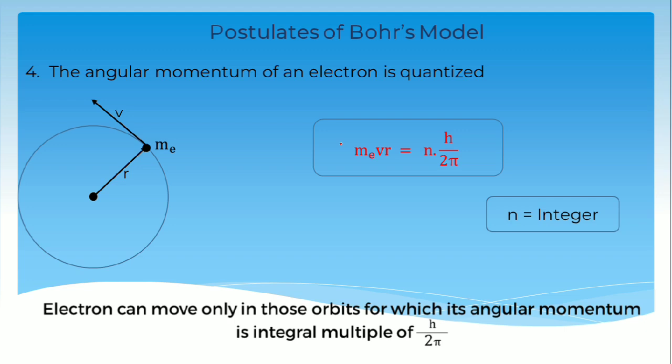This we can write mathematically as mvr equals nh by 2 pi.